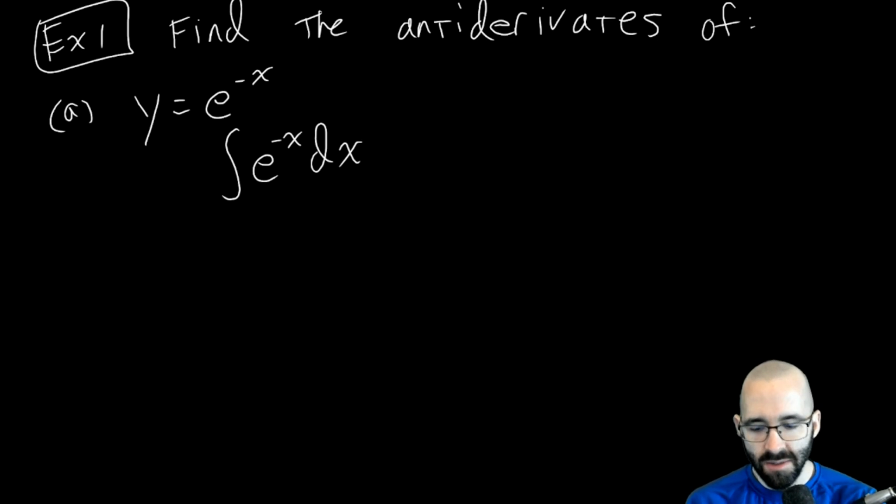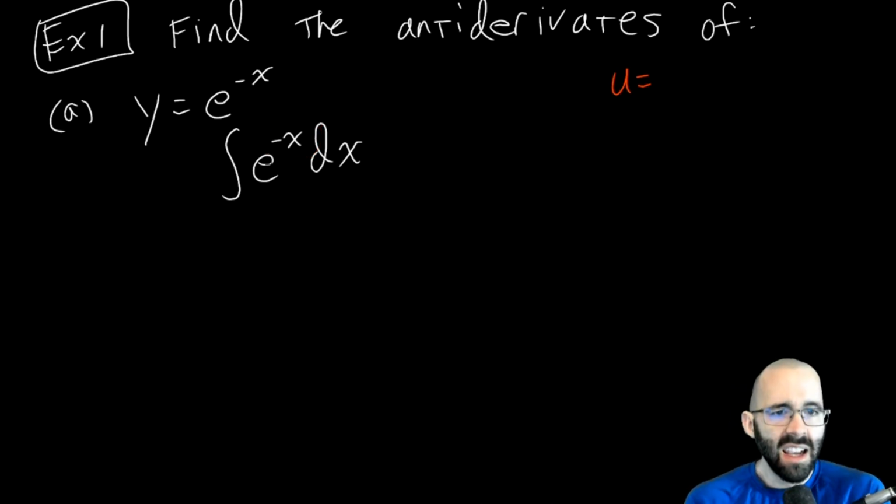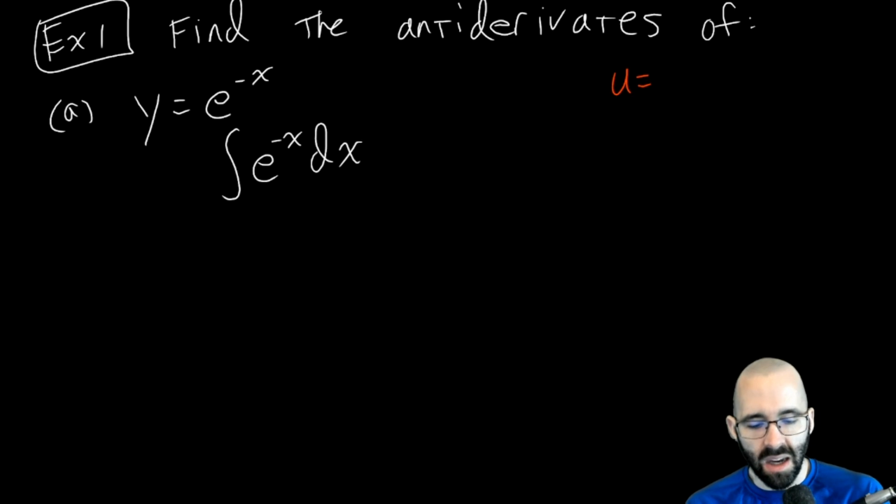Let's get some practice. So if we let u, remember our choice for u substitution is usually some sort of inside function, especially when there's a derivative of that inside function somewhere else. Here, the derivative of this inside function is -1. There isn't a -1, but we can make it work.